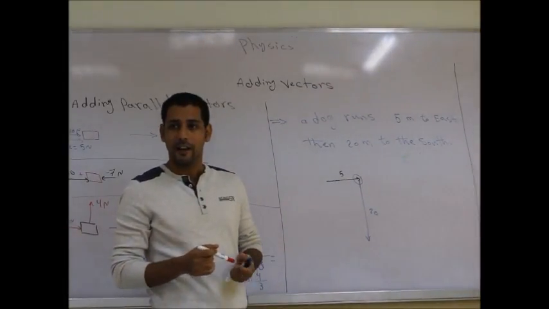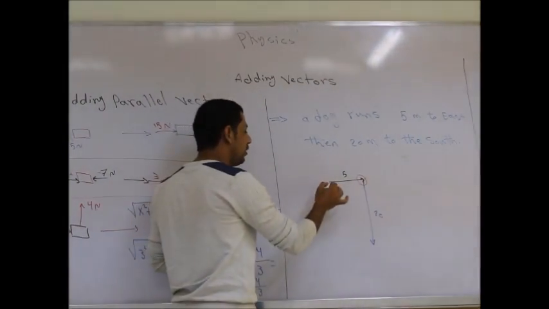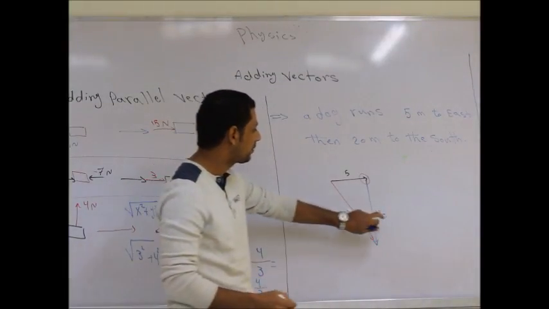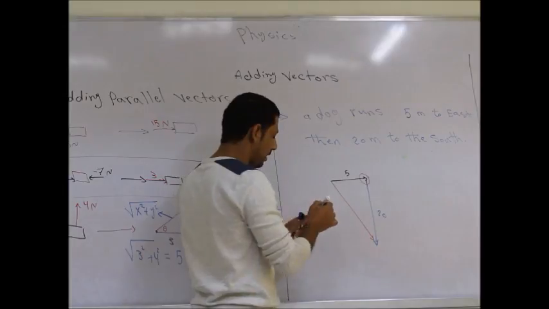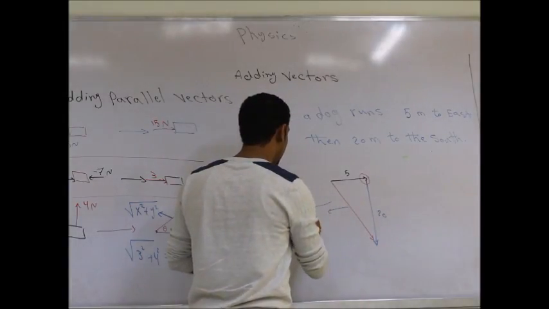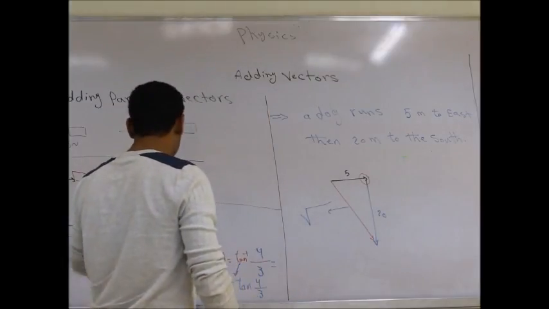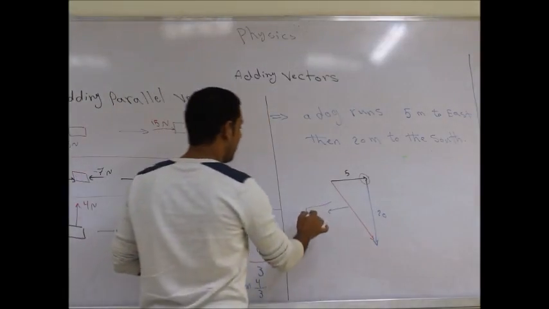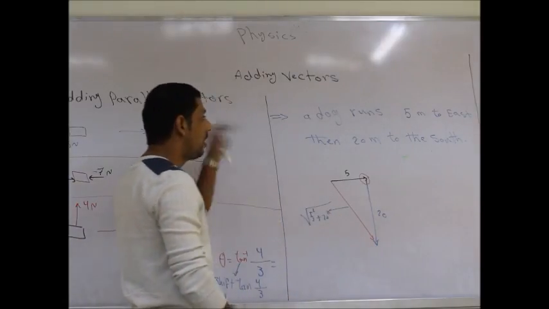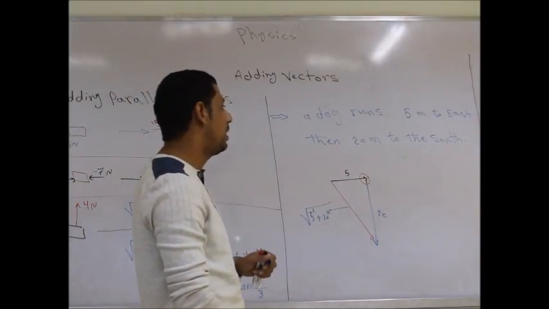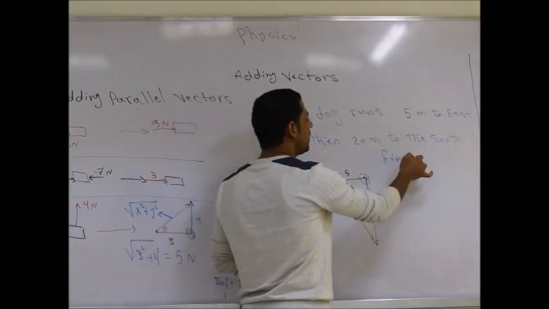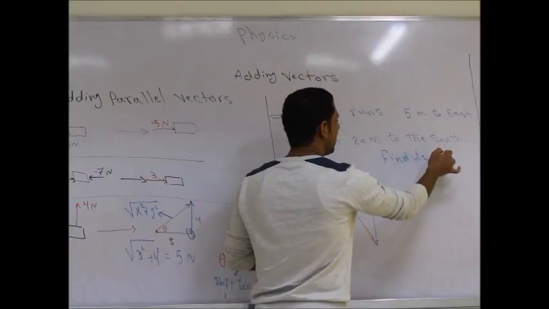So the straight line from the initial to the final is called the resultant vector. In this case, by the same way, it will be 5 squared plus 20 squared. When a dog runs 5 meters to the east, then 20 meters to the south, and he asks you to find its displacement.